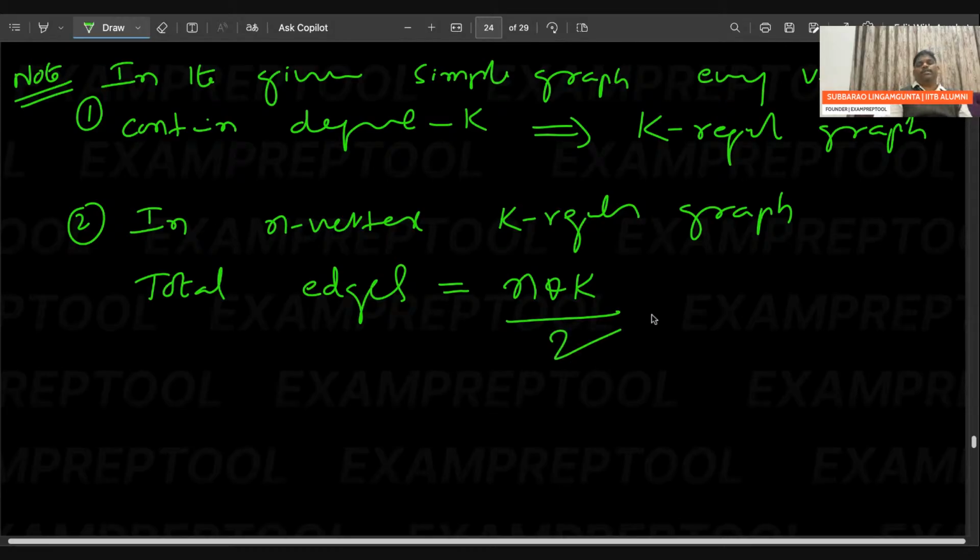This is the number of edges. Every vertex has degree k, n times, so nk, which is the sum of degrees, is 2e, divided by 2, so the total number of edges will come.